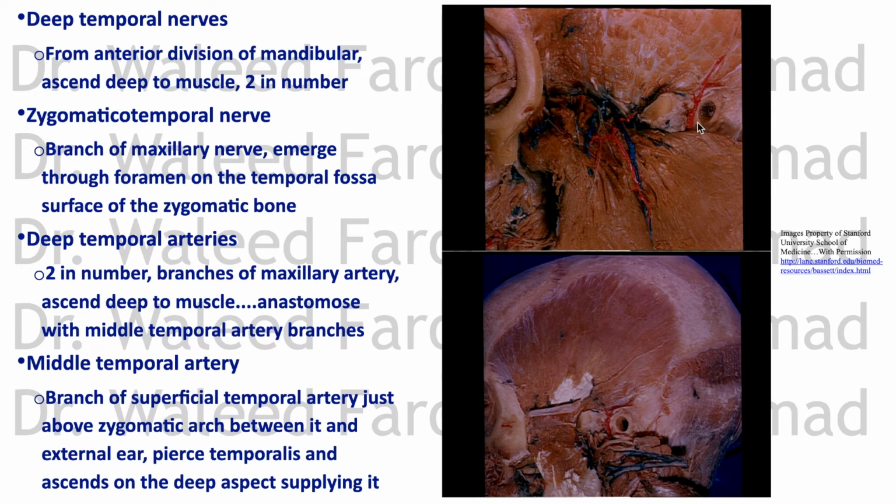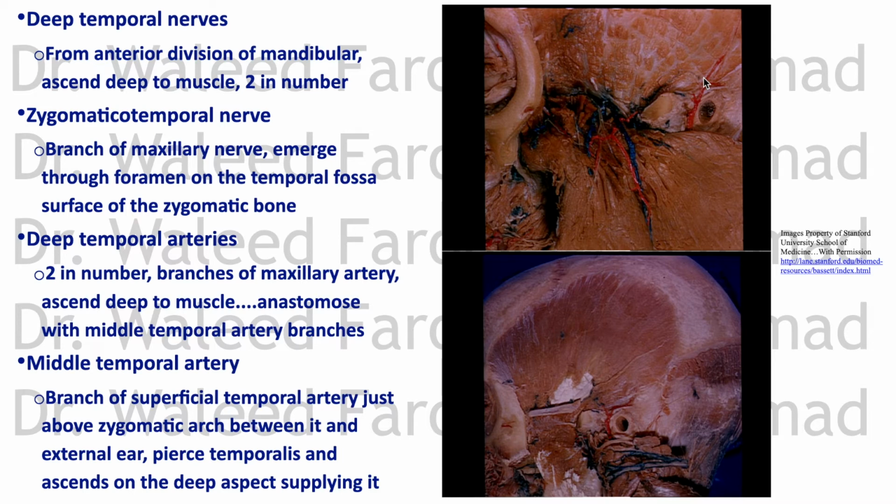See, this is the ear cut here. Right in front of the ear, it pierces the lower margin of the temporalis muscle and appears on the deep surface of the muscle, actually grooving the bone. See, it's the one that grooves the bones while the others stick to the medial surface or deep surface of the muscle. See that? This is the middle temporal artery.